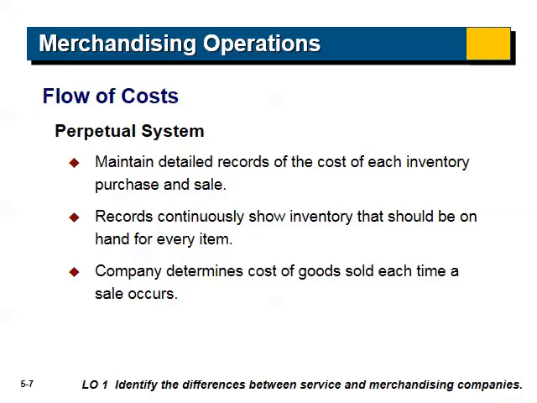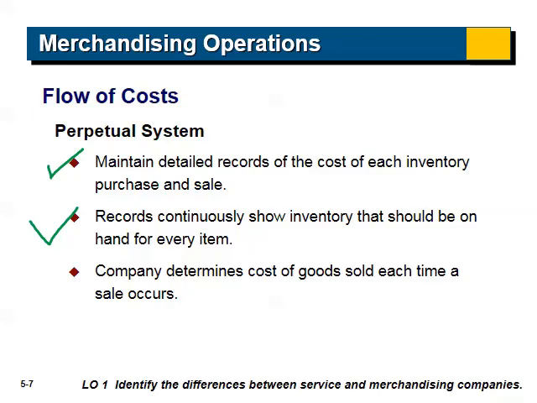It's basically a way to follow or account for your inventory, and each item that they buy and sell is right here. They maintain detailed records of the cost of each inventory purchase and sale. So you know every time something is purchased, every time something is sold, and the records continuously show the inventory that should be on hand. When you buy something, you know that you have it. When you sell it, you know that you no longer have it.